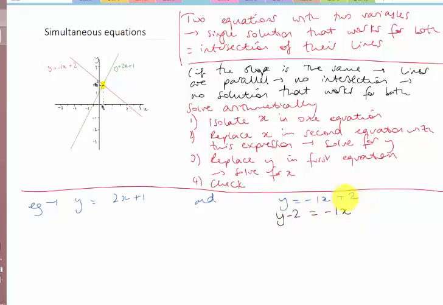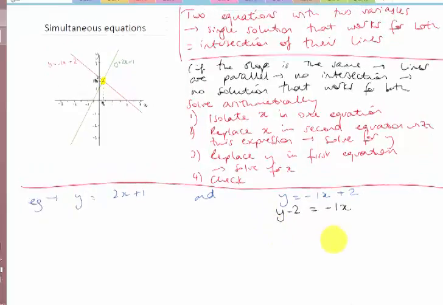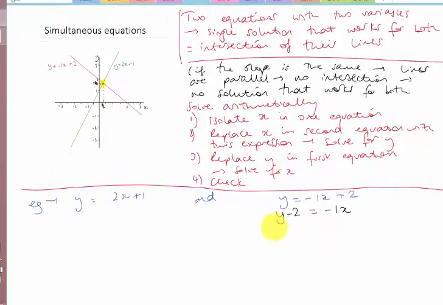Subtract 2 from both sides to get rid of that plus 2. And then we divide both sides by minus 1. That gives us y minus 2 over minus 1 is x. So x is equal to minus y plus 2. This minus distributes itself between the two.